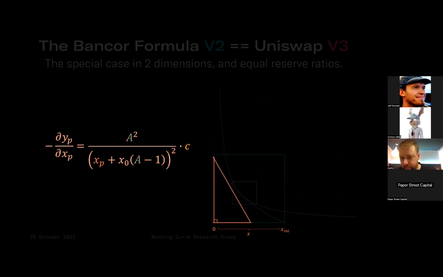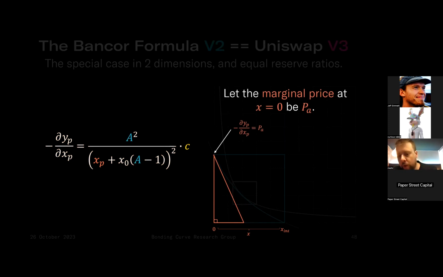So how do we start? We're going to say that when x is equal to 0, at the point where we have some maximum amount of y tokens and all of our x tokens have been depleted, this is a significant point for us because it is the marginal price at the bound of our amplified liquidity curve, at the point where it's crossing the y-axis.